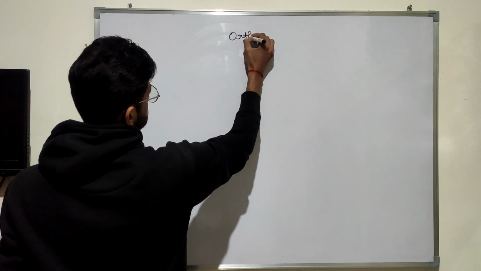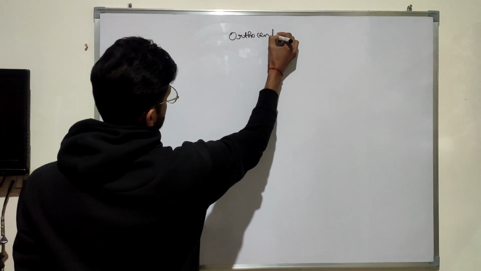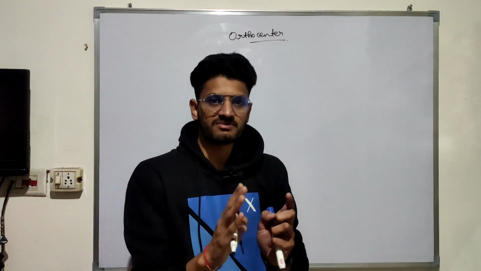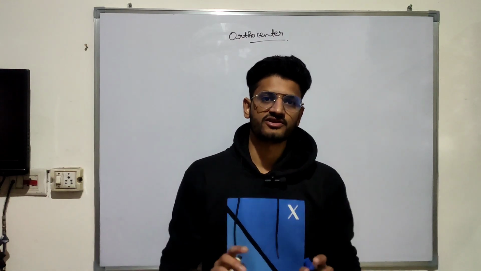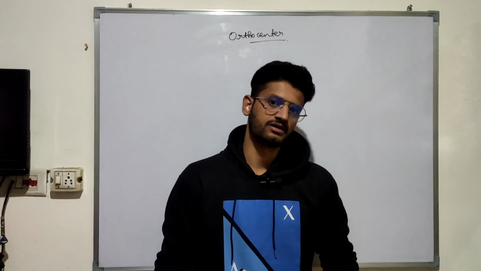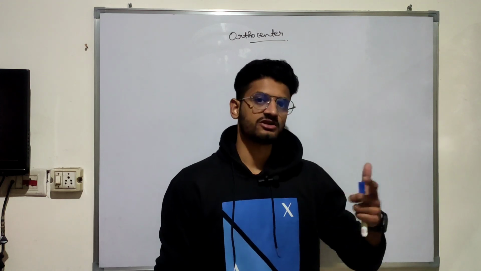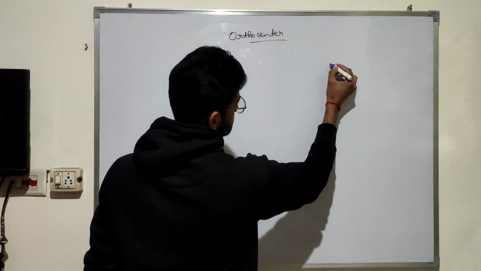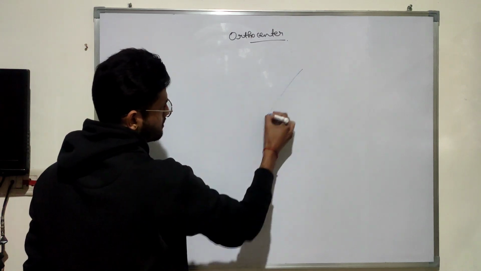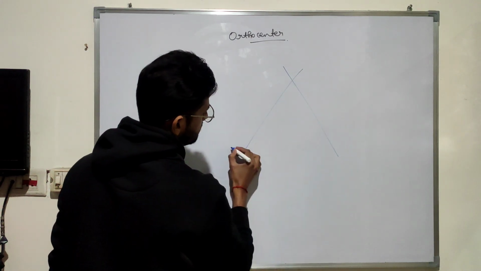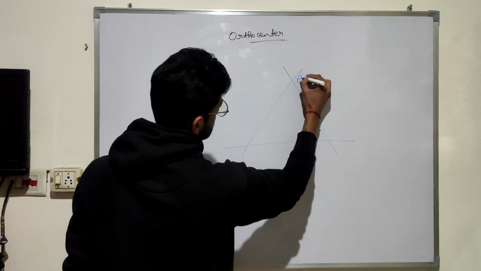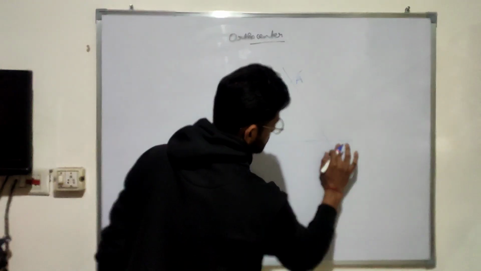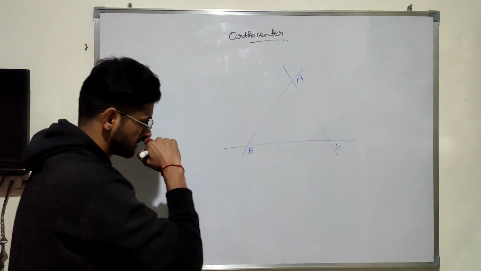So we are here to discuss the orthocenter. What does the definition say for orthocenter? The definition is very much clear. Once we are clear with the definition, only then can we apply it in our problems. Let's say we have a triangle ABC. Let me write the definition for orthocenter.